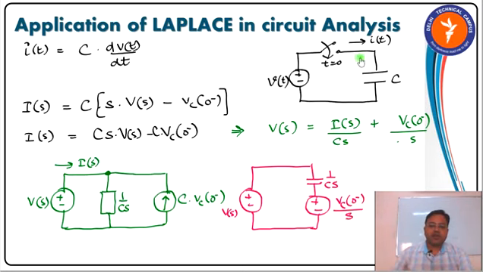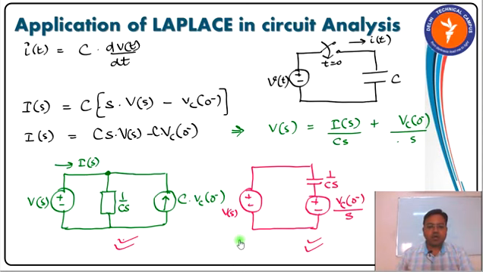So I can use this capacitor and convert that into the Laplace domain, either into the parallel form or into the series form. This is all my choice. Remember these equivalent circuits before trying to solve the numericals.